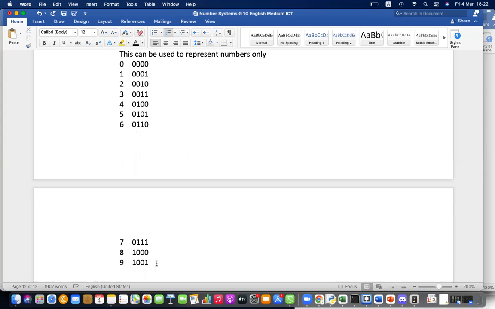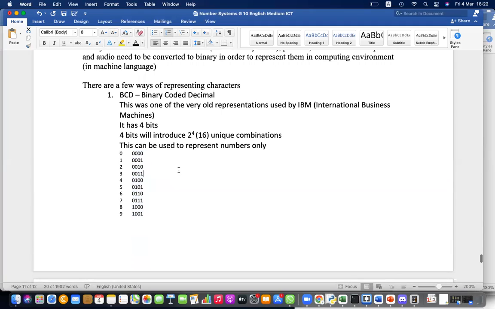It's similar to hexadecimal number system, but it's not that. So this is how it represents these numbers, right? There are 9 numbers in normal usage. So it represents these 9 numbers using these codes.